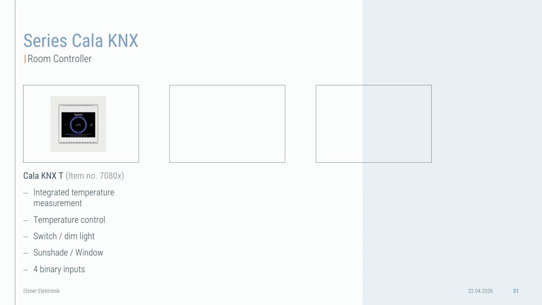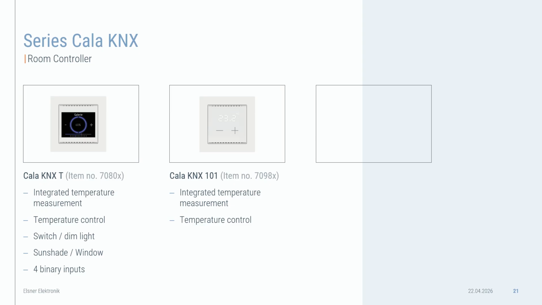Then we have another device from this Kala family. It's the Kala 101. It's similar to the ETR 101, but made for the 55 by 55 mm frames. The device has an integrated temperature controller and a sensor to measure the temperature. All devices are available in black and white.